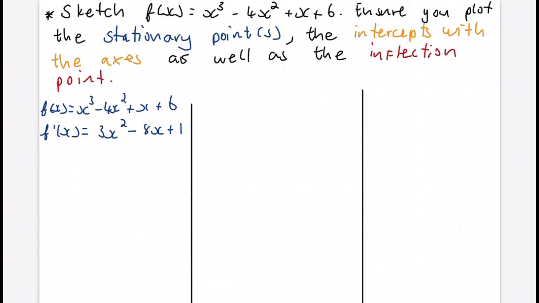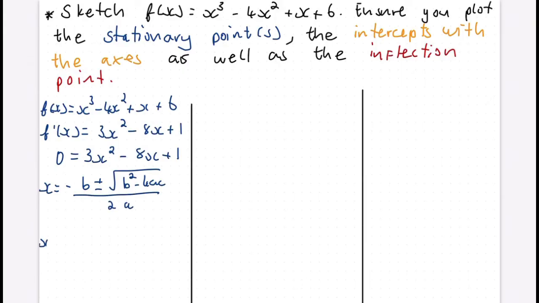We're going to equate that derivative to 0 because we know that at the stationary point, the first derivative is equal to 0. We can't factorize this, so to solve for x, we're going to employ the quadratic formula, negative b plus or minus the square root of b squared minus 4ac over 2a, which in our case would be negative negative 8 plus or minus the square root of negative 8 squared minus 4 times 3 times 1, all divided by 2 times 3.